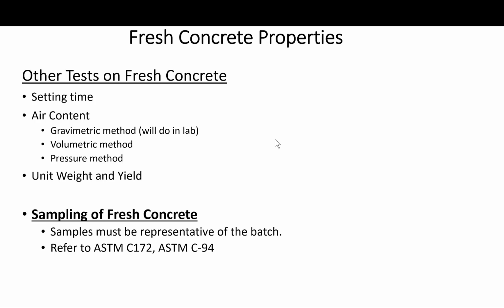Also, it is important not only to maintain reasonable uniformity between different batches of concrete, but also to ensure that the variability of concrete from different parts of the same batch, which is basically the within-batch variation, is also low.